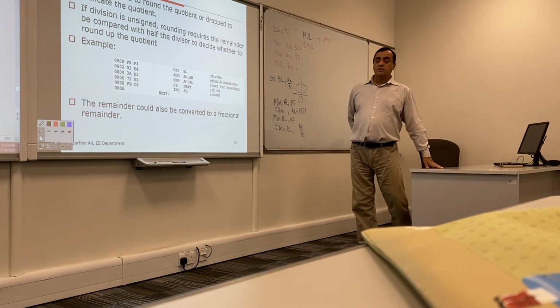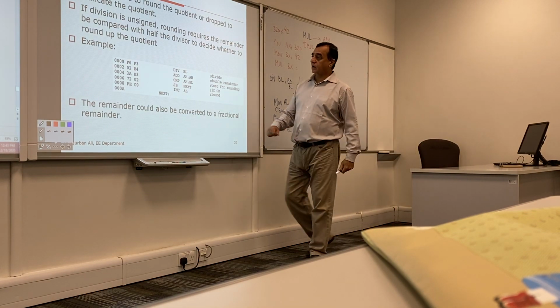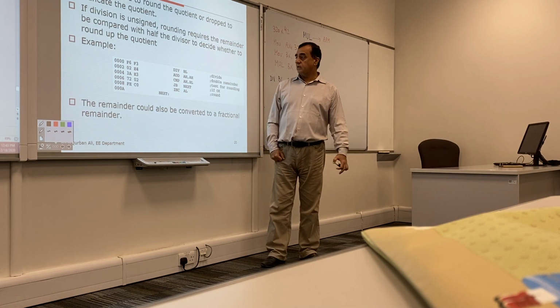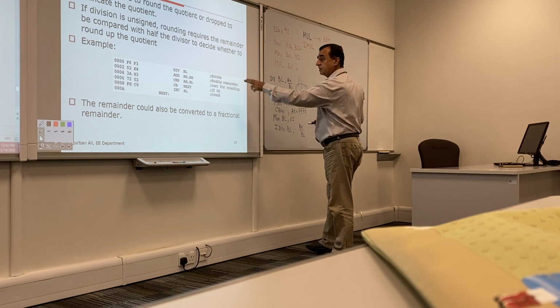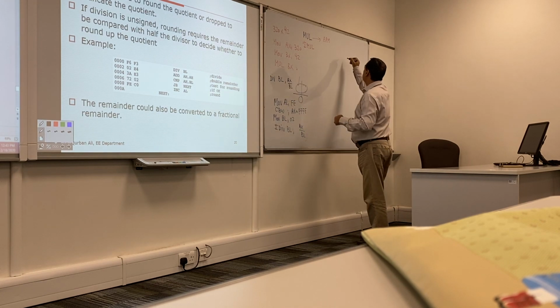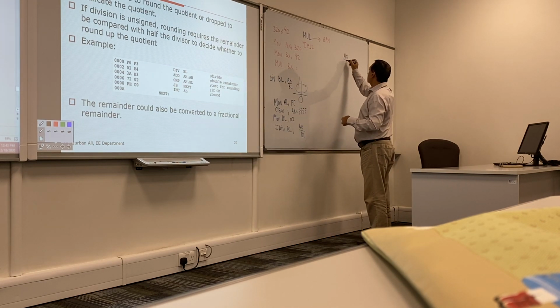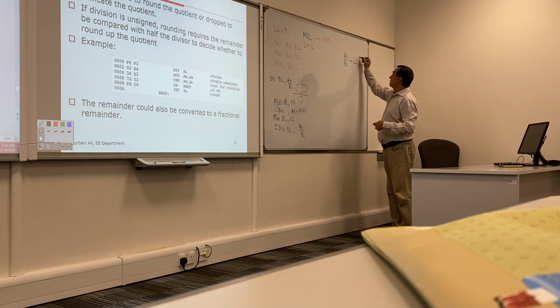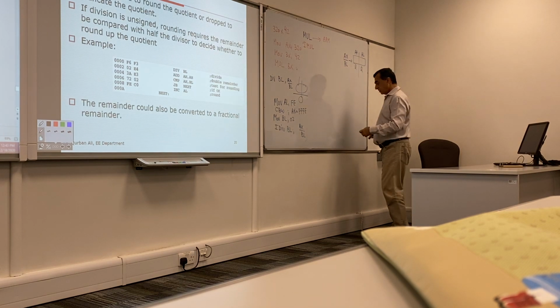Okay? So this is what you see. After division, let's say we did div BL. It means AX over BL, right? Which means AL is the quotient and AH is the remainder.